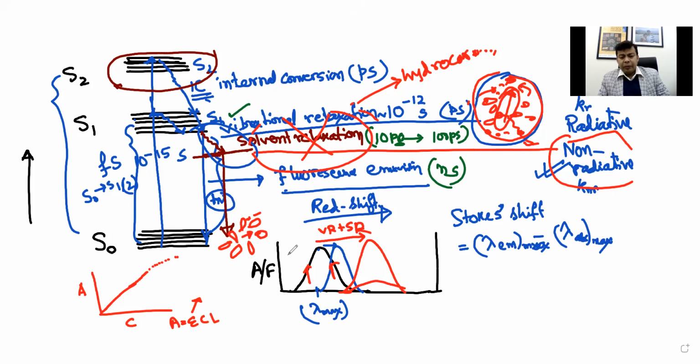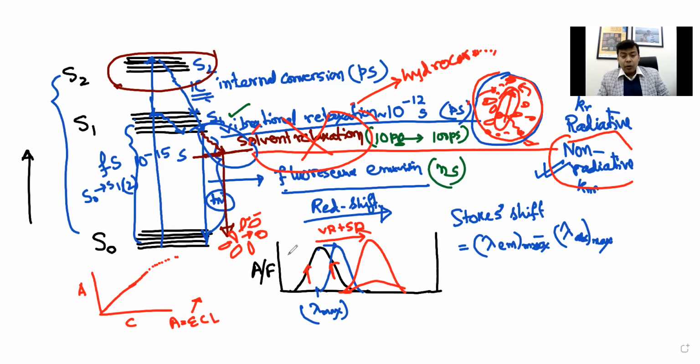But of course, fluorescence lifetime is a convolution of the radiative and non-radiative processes, because it has both. So the observed fluorescence lifetime has both of these. And if the non-radiative process is highly efficient, then fluorescence lifetime is going to be much shorter. As a consequence, you're going to see much more red shift from the absorption spectrum.